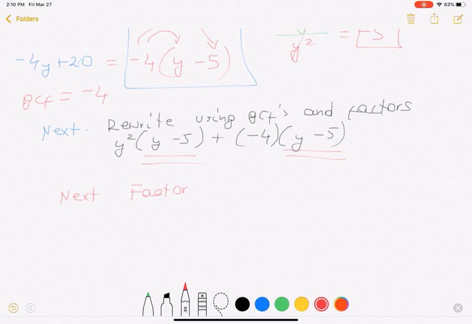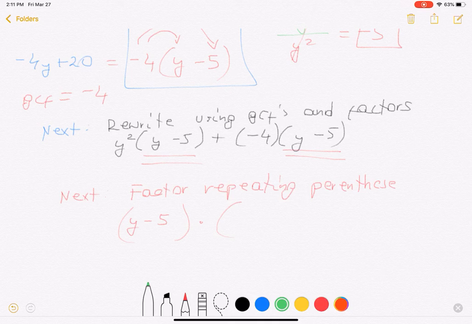So next, factor the repeating parenthesis. Don't forget that we have to factor completely. That means we need to rewrite the original expression as a product of factors. So y minus 5 repeats. Here, that y minus 5 is already factored out, so the leftovers you put in the parentheses.